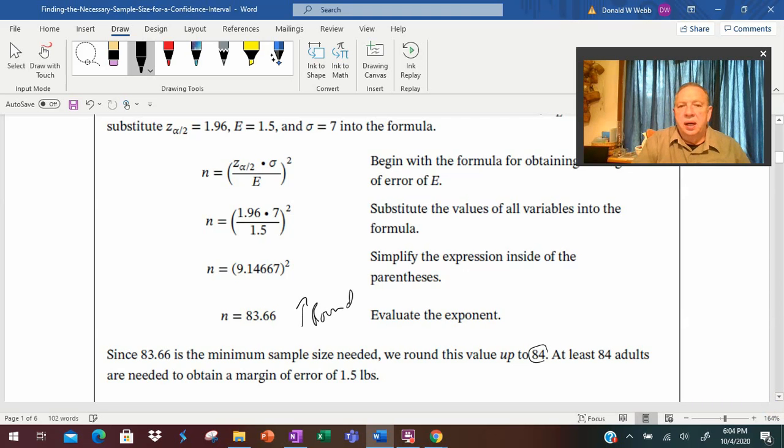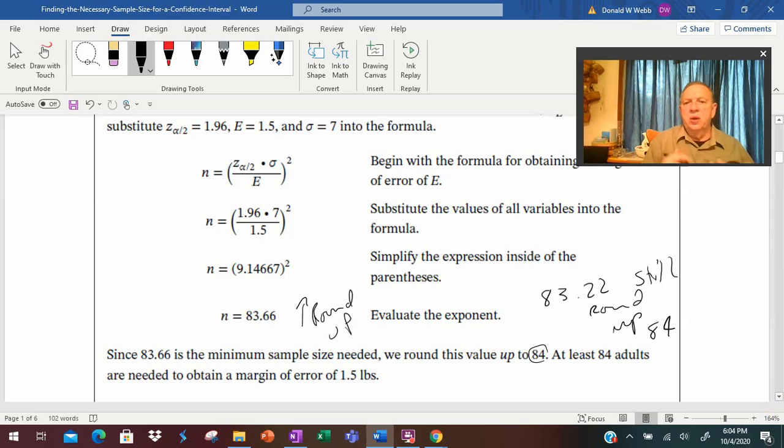Round up. Even if this was 83.22, still round up. It's a different reason that I'm doing this. I'm not just rounding. I'm rounding up because I can't sample the 0.22, but I need that extra in there. So I err on the side of caution, and then I would go up to 84.